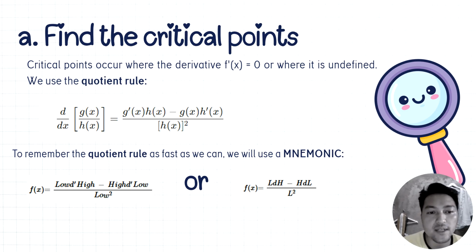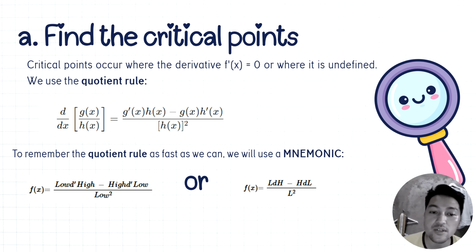The derivative d over dx of g of x over h of x is equal to g prime of x times h of x, minus g of x times h prime of x, all over the square of h of x.